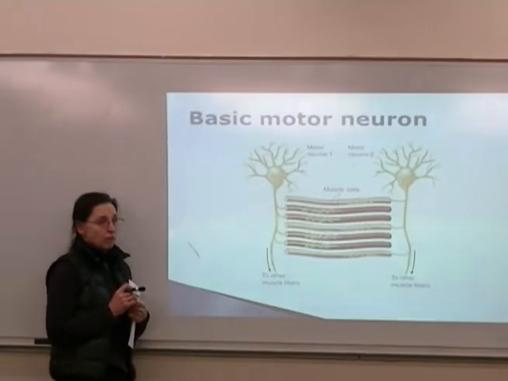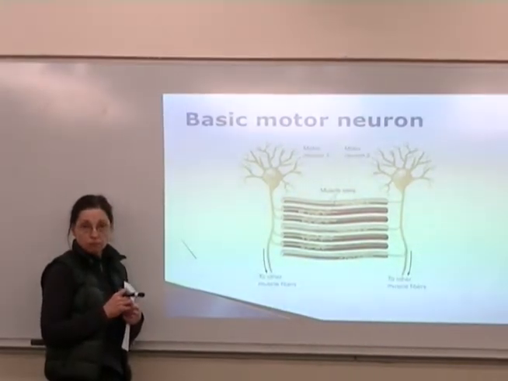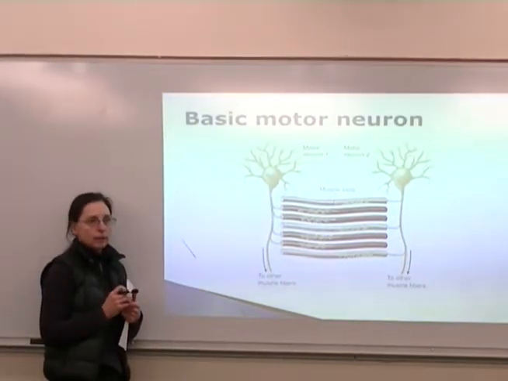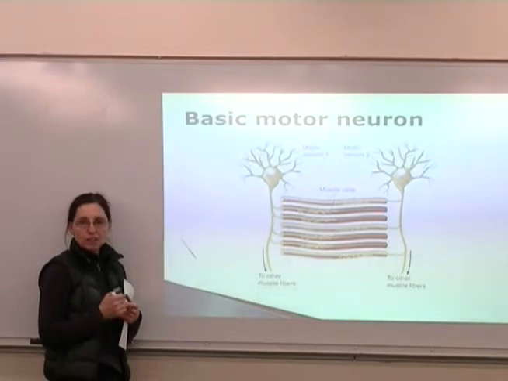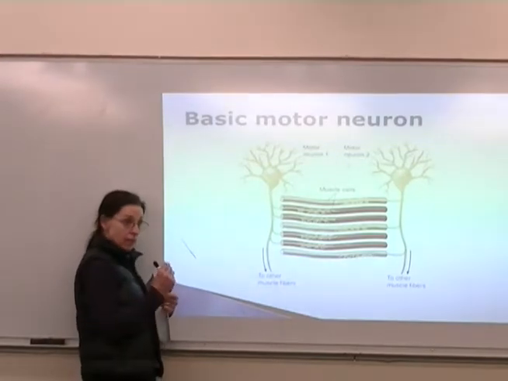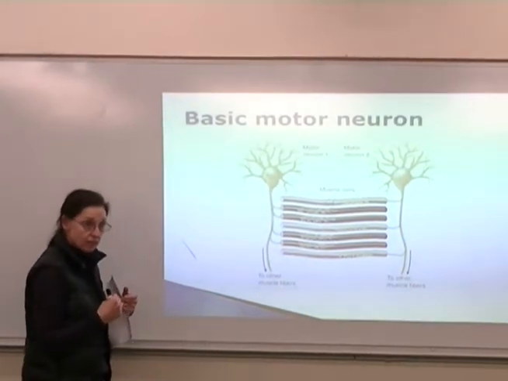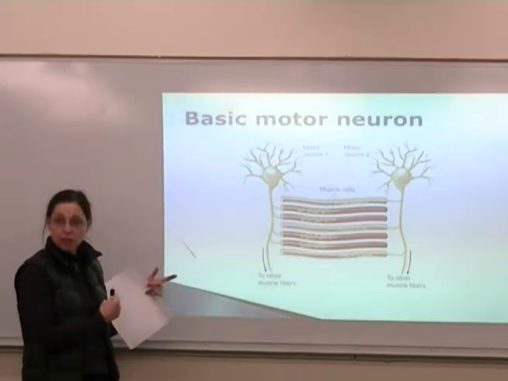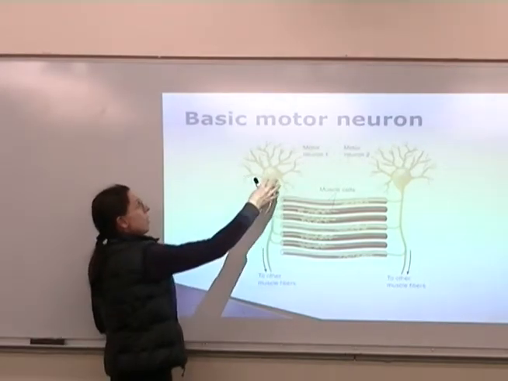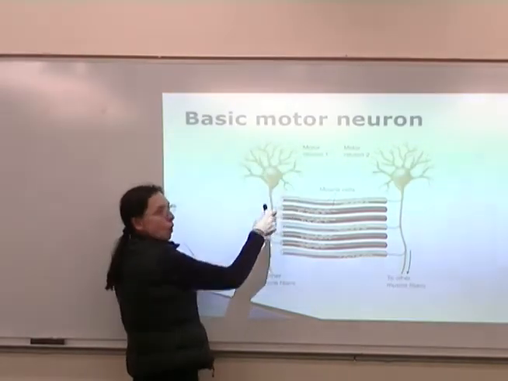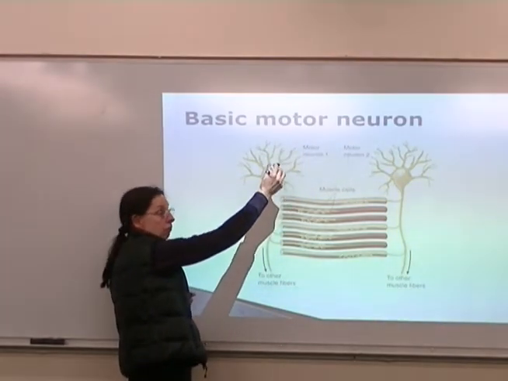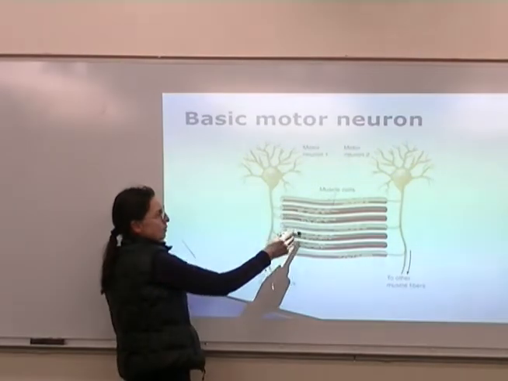So are they the slow or the fast ones? Slow. Right? Type 1 is the old slow twitch. Type 1 fibers are highly oxidative. They're very, very good at using system 3 to make ATP and of getting oxygen into the cell and using it to pick up hydrogen at the end of the electron transport chains. So, if this motor neuron 1 is a type 1 nerve, then it will synapse with type 1 fibers.